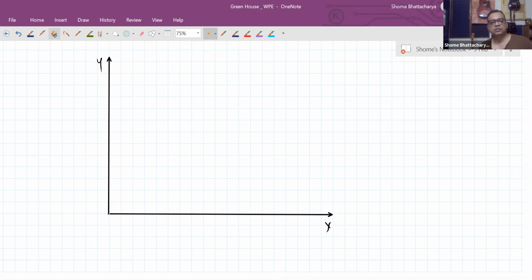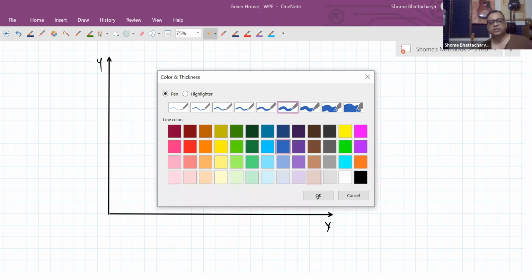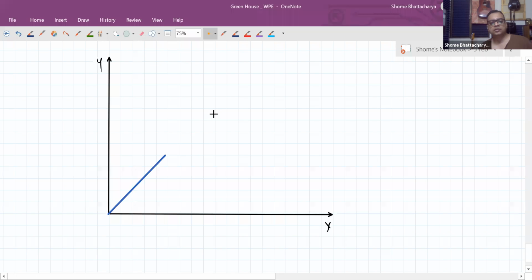So this next part of the question, we are going along this path, this 45-degree line, up to this point over here, which is our 5,5 from the origin. So you can see the equation of this line.